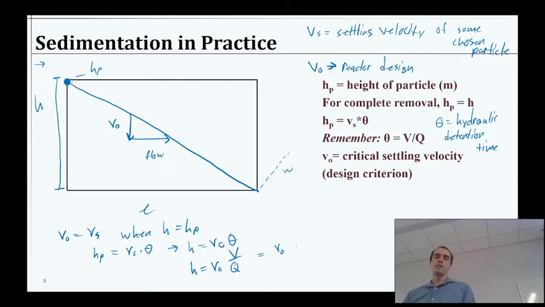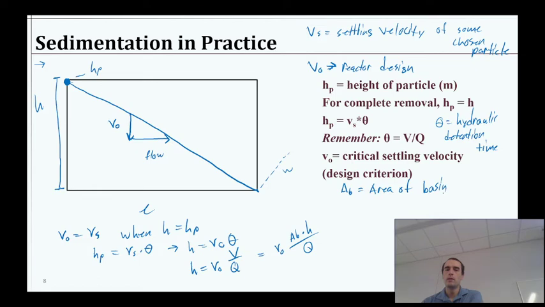So it's going to be V naught times, really, the better way to say it, instead of length times width times height, the area of the basin, AB, times height. And that divided by our flow rate. I'll just say AB is area of basin.